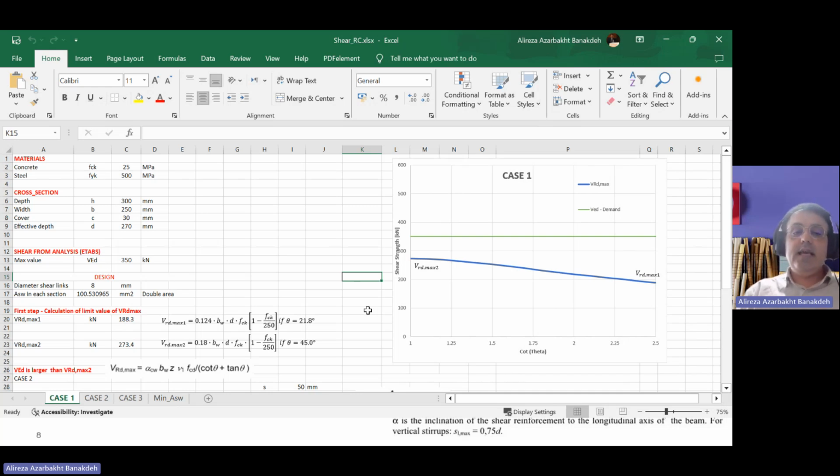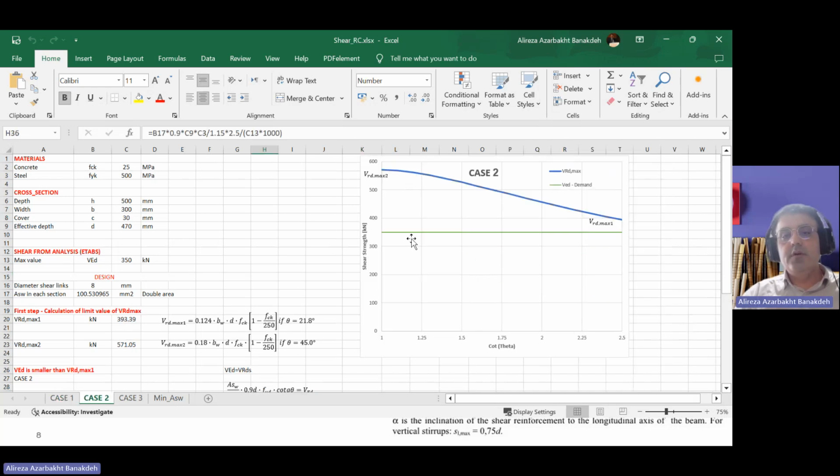In case number 1, this green line is the VRD max, which means the shear force coming from ETABS, from structure analysis, can be more than both of them. In case 2, it can be less than both of them.